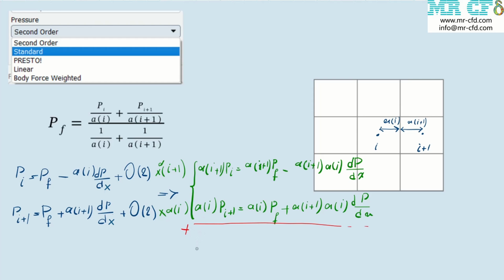Adding these two equations gives A_I plus 1 times P_I plus A_I times P_I plus 1 is equal to... These terms cancel out, and the right-hand side will result as A_I plus 1 plus A_I times P_F.